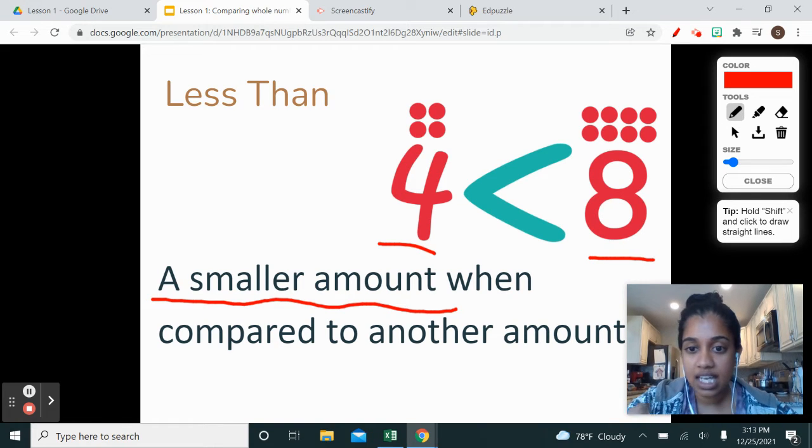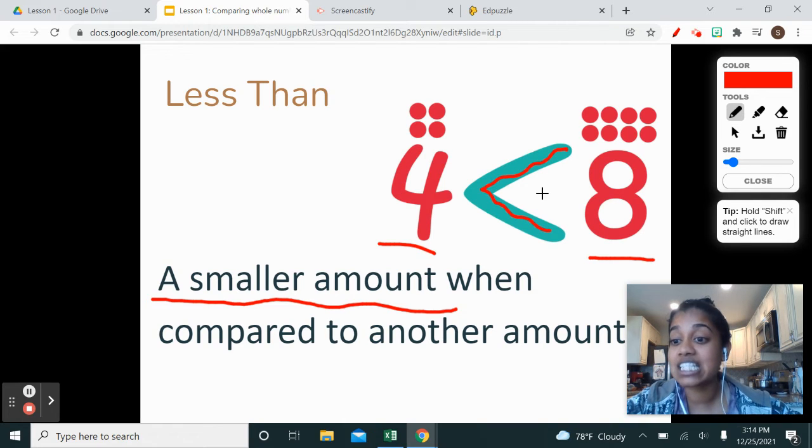The one difference is that our symbol has been flipped, because our 4 is smaller than, or less than, 8. So our small little end is pointing towards the 4, and the large end is pointing towards the 8, because 8 is larger and 4 is less than, it is smaller than 8.